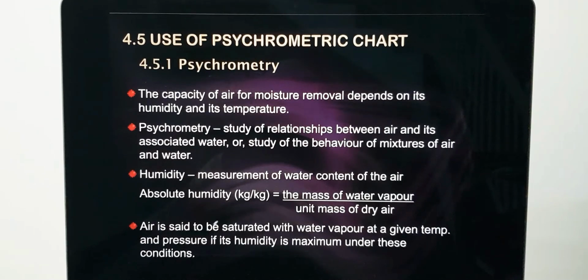So air is said to be saturated with water vapor at a given temperature and pressure if the humidity is maximum, meaning that the air at that particular area is already maximized with water vapor. So it is known as saturated. Okay, so the humidity is maximum under these conditions.